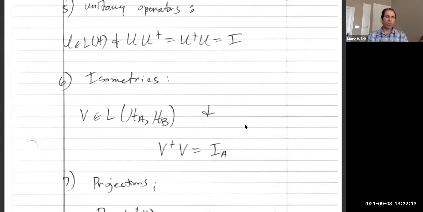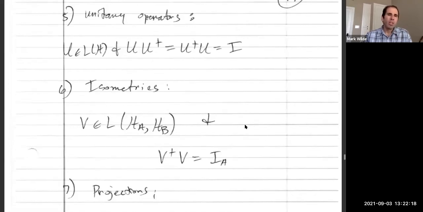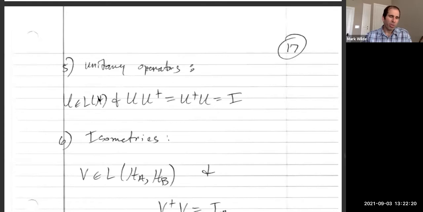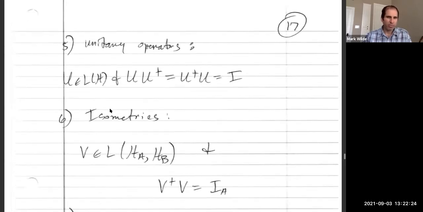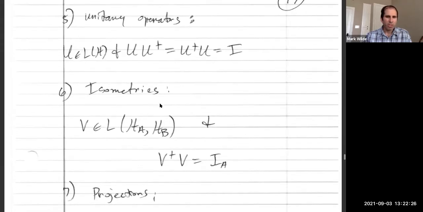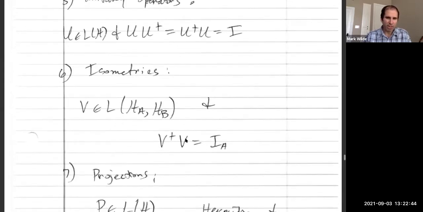Generalizing a unitary operator is what we call an isometry. A unitary operator has to be square. It maps from a Hilbert space to the same Hilbert space. An isometry you can think of as a rectangular matrix. It goes from one Hilbert space to another, and typically the output Hilbert space is larger.